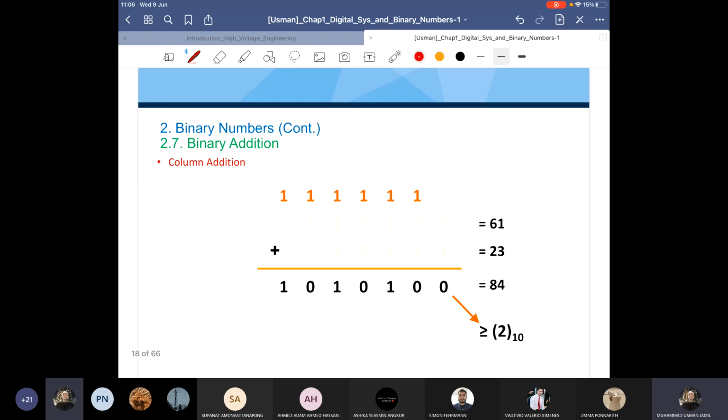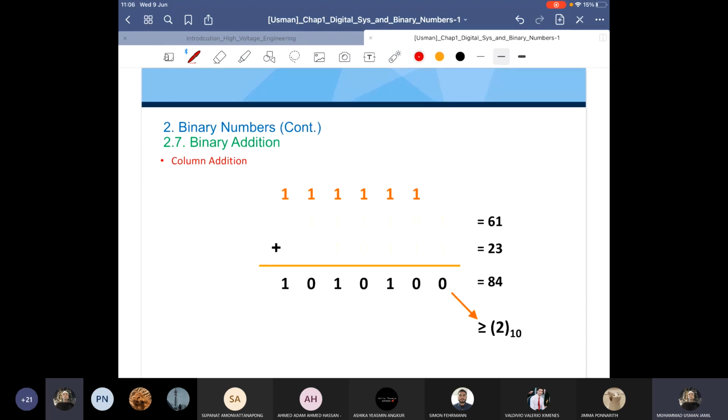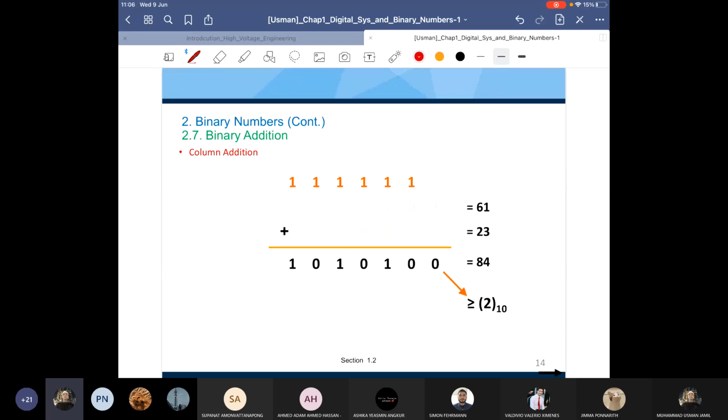Now we have a binary number: 1, 1, 1, 1, 0, and 1. Then again 1, 1, 1, 0, and 1.